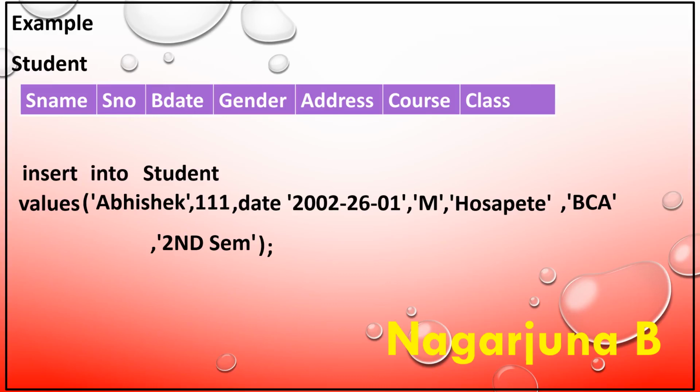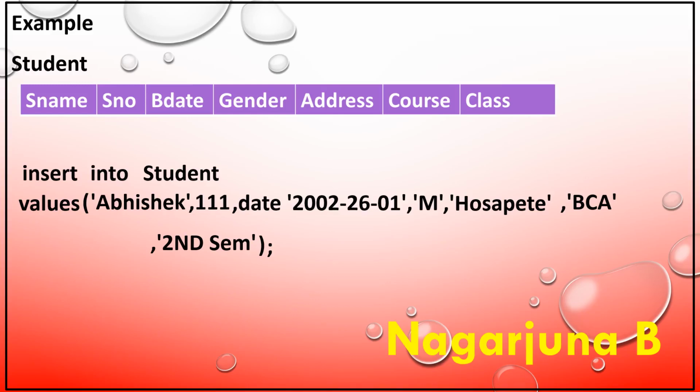So this is an example of inserting a tuple in a student relation by using the insert command. It is the simplest form of insert command which can be used for the purpose of inserting a tuple into a relation.